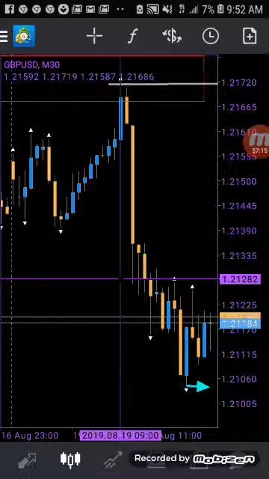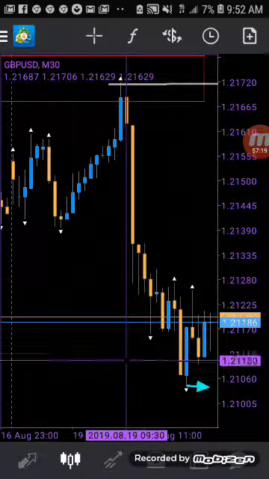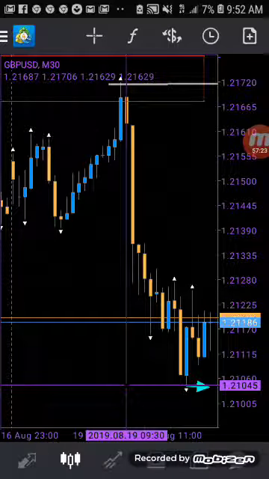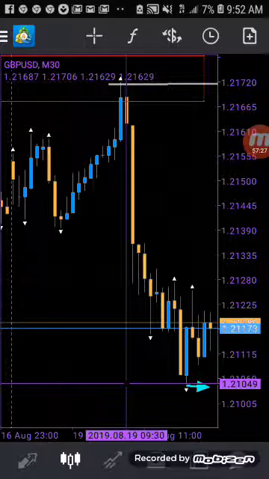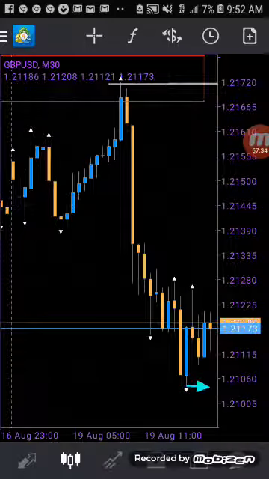So the best moves would be selling at the ceilings. I don't want to buy yet. Well, actually, because it could be accumulation.